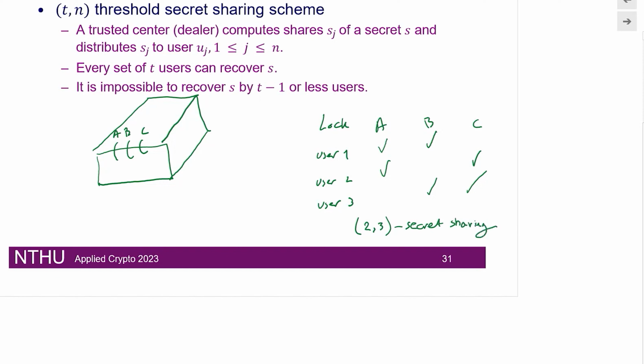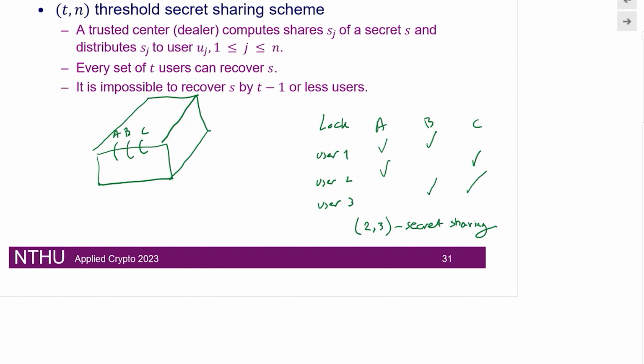In cryptography, it also finds a lot of application: you have, for example, 3 pieces of secret, and as long as 2 of those pieces of secret are there, you can recover the true secret that you want to share.